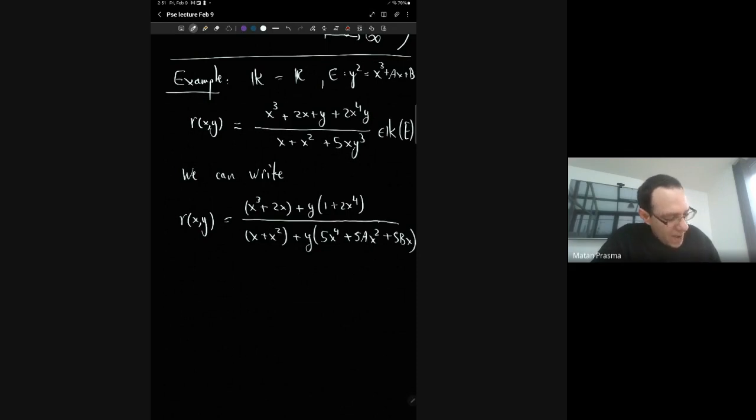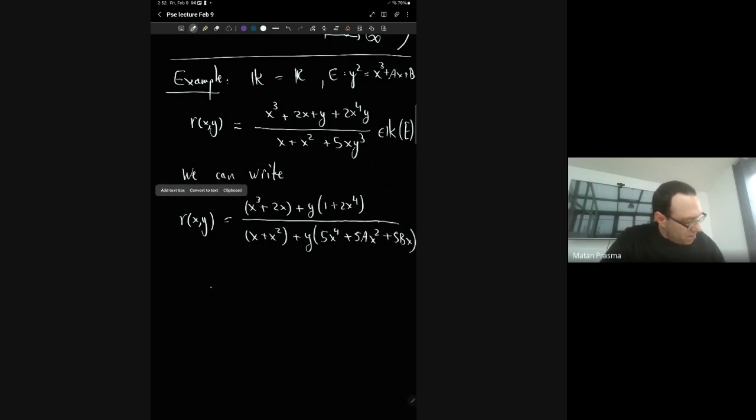Or if you wish, I transformed the numerator and denominator separately into canonical form, but it is not the canonical form of the rational function. But anyway, I can do this substitution, and now what is the degree of both sides?